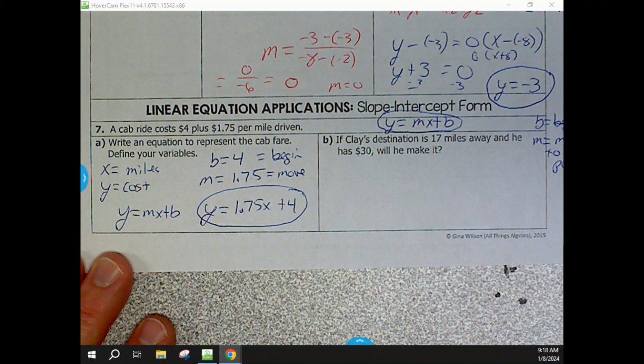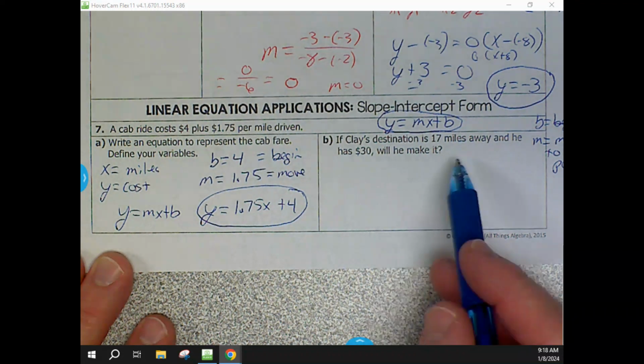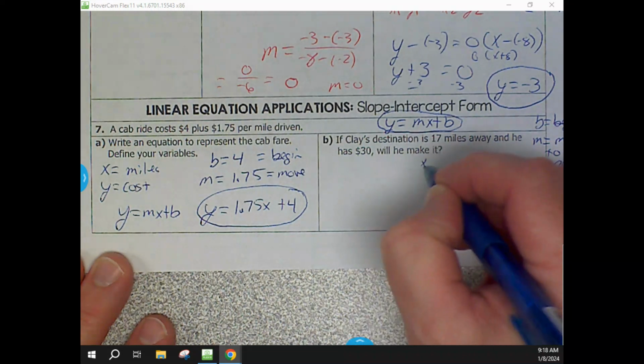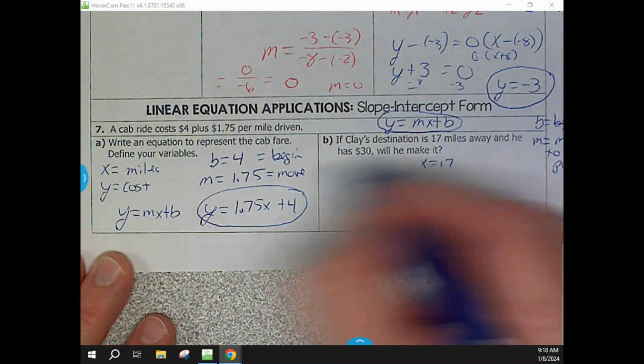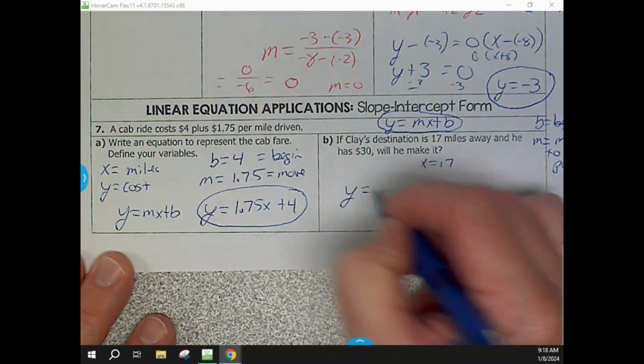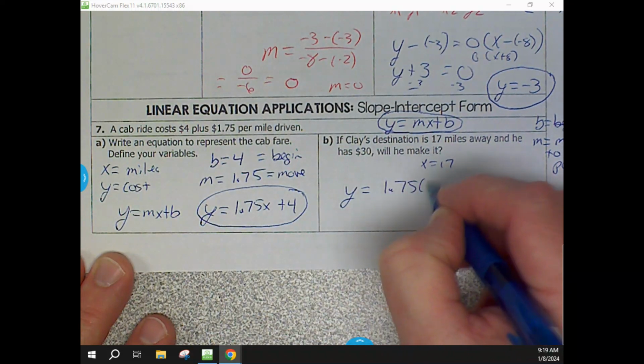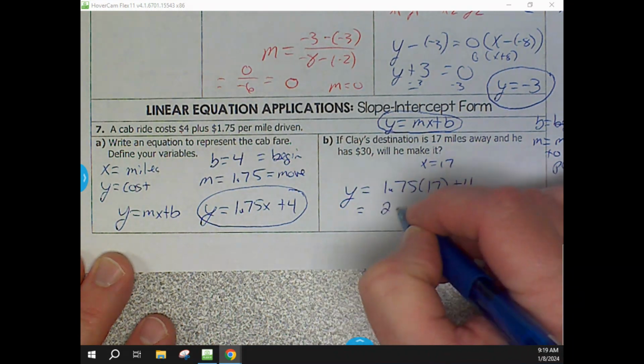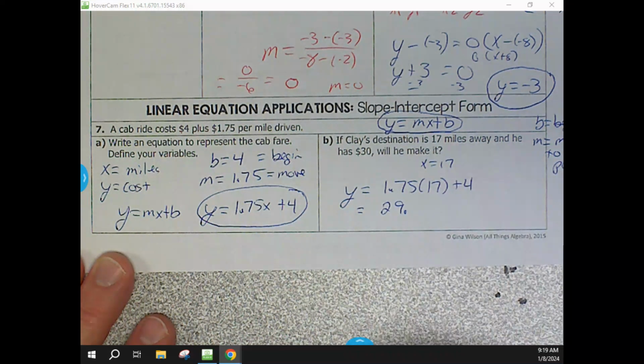Okay, and then part B says, if Clay is taking this ride, and he's 17 miles away, he's got $30. Is he going to make it? Okay, so now we know our x is 17. We're just going to take that 17 and plug it back into this equation and see what we get. So if we do 1.75 times 17, and we'll save you a little bit of time on this one, that is 29.75.